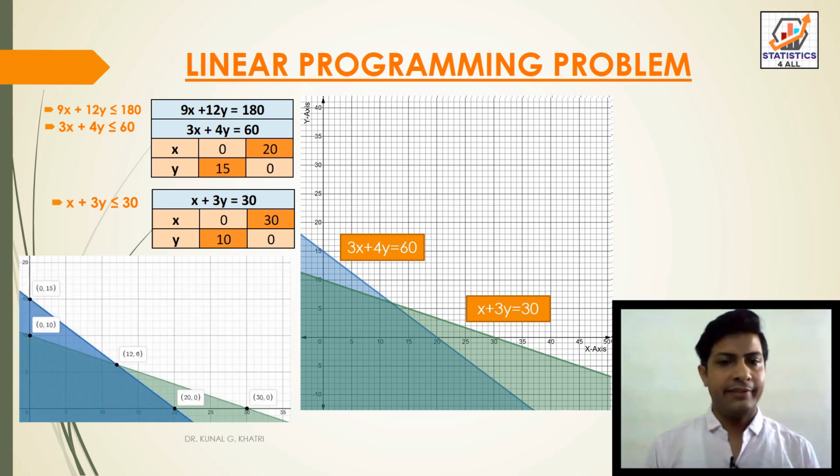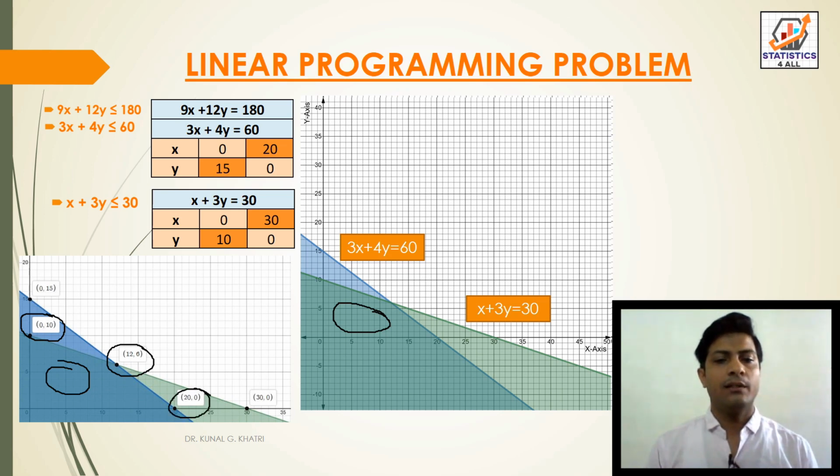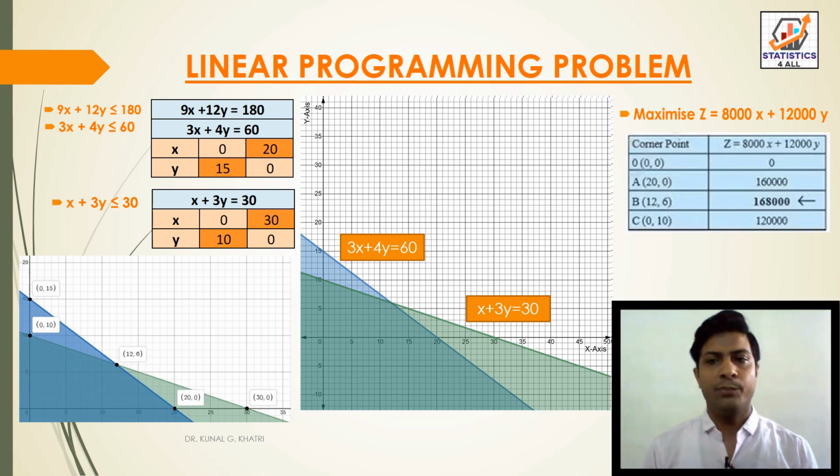Now here we can see that this intersection part is our feasible region, and 0 10, then 12 6 and 20 0 are the coordinates of this, which will be put in the Z equation, maximize Z equal to 8000x plus 12000y.